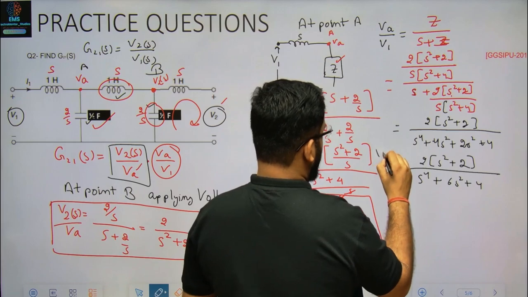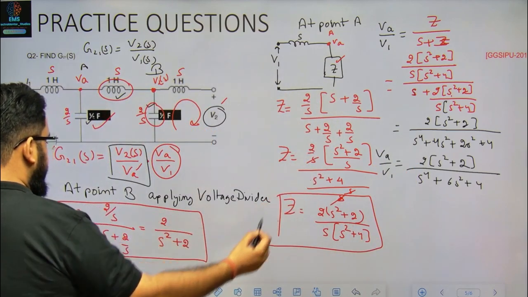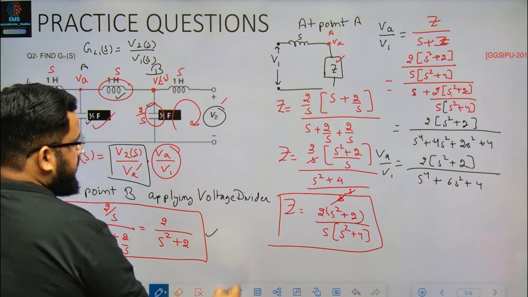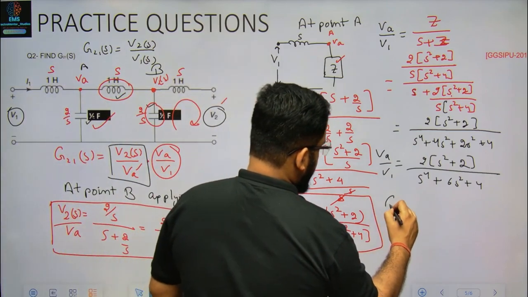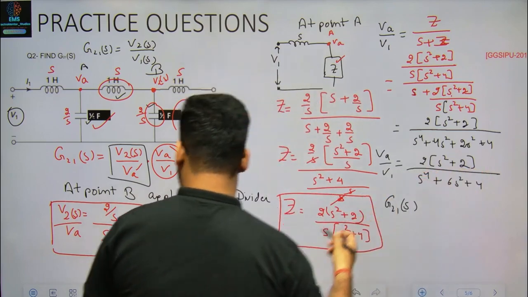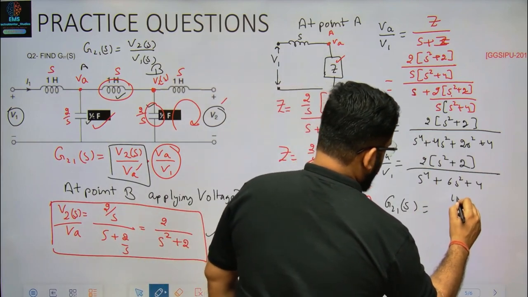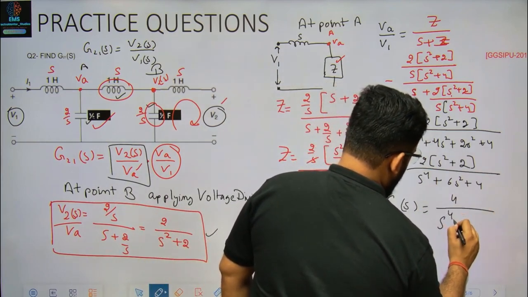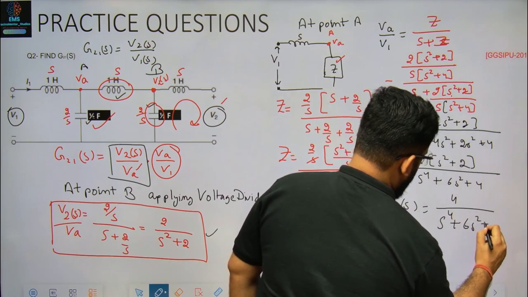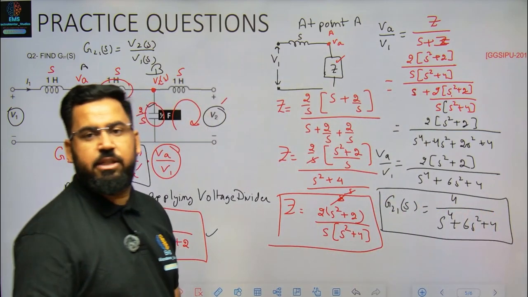So this I've got VA by V1. Now multiplying this VA by V1 by this will give me G21S. If you see it carefully, this factor and this factor gets cancelled. So what do I get? I get 4 over S4 plus 6S square plus 4 as G2S.